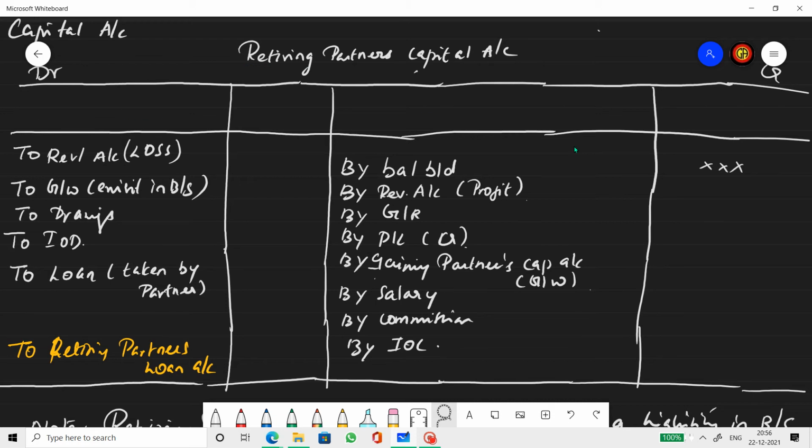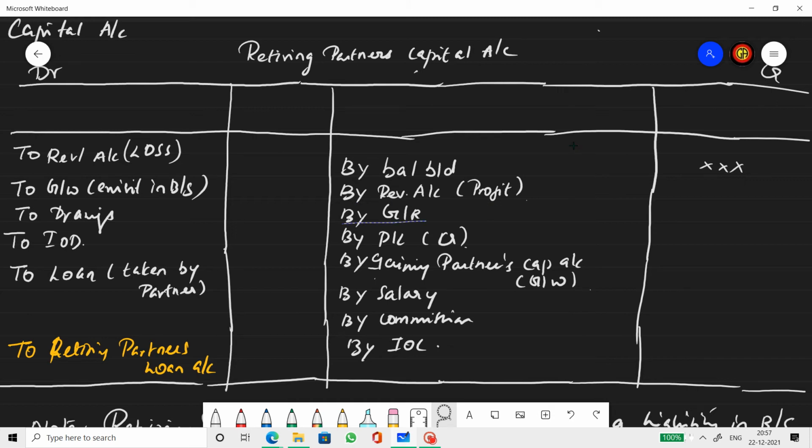So the first entry in the retiring partner's capital account, or in any partner's capital account, is recording the opening balance. So by balance brought down, which is recording the opening balance of the partner's capital account figure. Then by revaluation. So which means we will prepare the revaluation account, and if there is a profit in revaluation, the transfer of that profit entry.